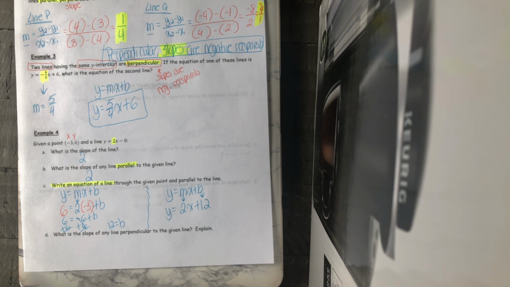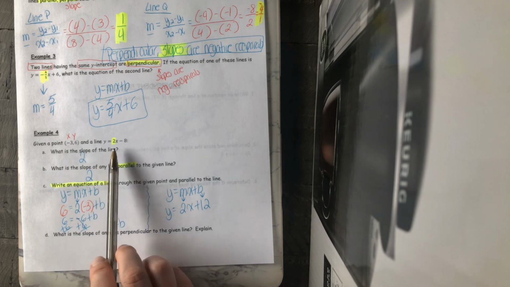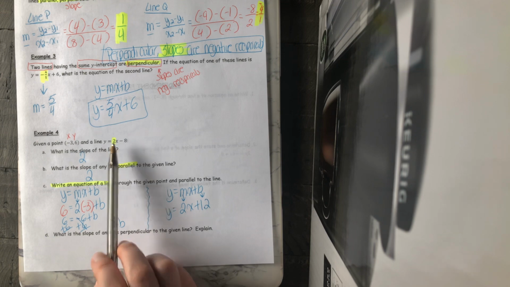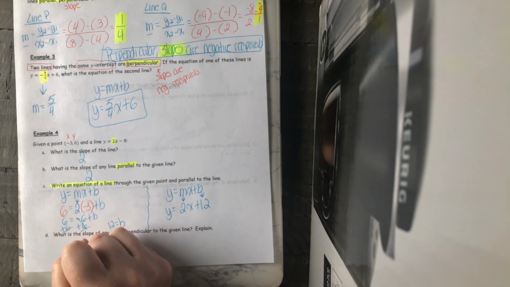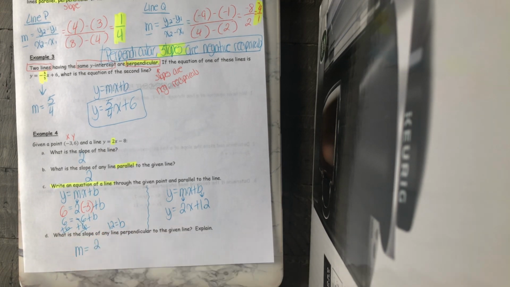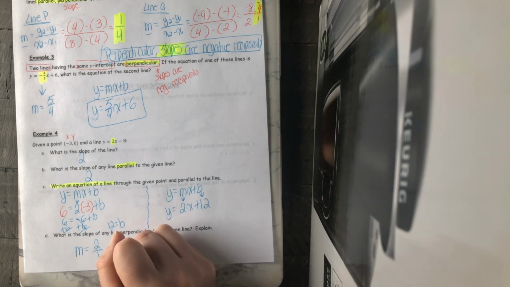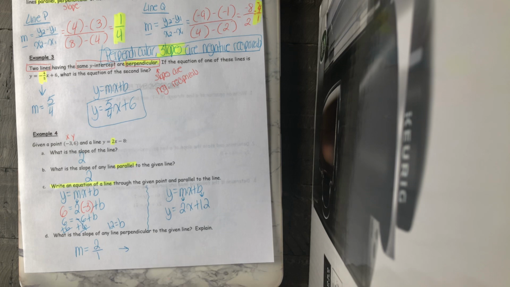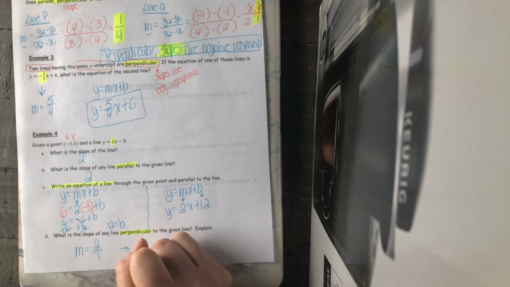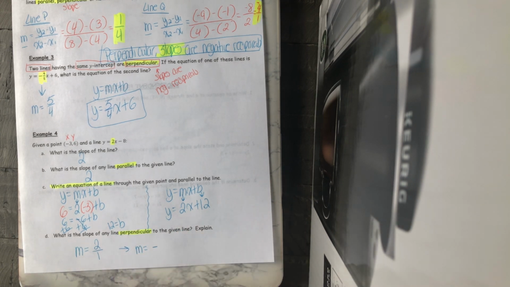And then part D says, what is the slope of any line that's perpendicular to the given line? Well, the given line had a slope of 2, so the given line had an m value of 2, but I know that every number is over 1. I want a perpendicular line. So perpendicular would be negative reciprocal, so positive becomes negative.